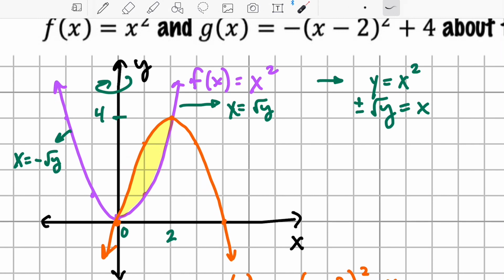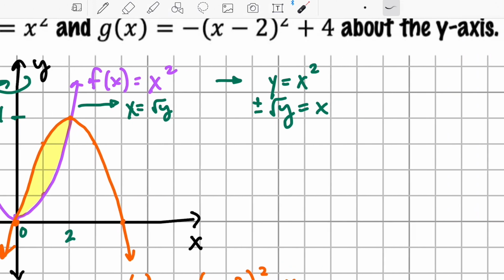So think of it as finding the distance, and we always find it by going right minus left, right minus left. And the function that is closest to the axis of rotation is this part of the parabola, the orange one. That would be the negative one. So it'll be this function minus 0. This one minus 0.